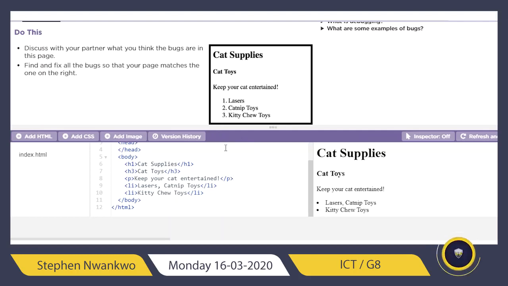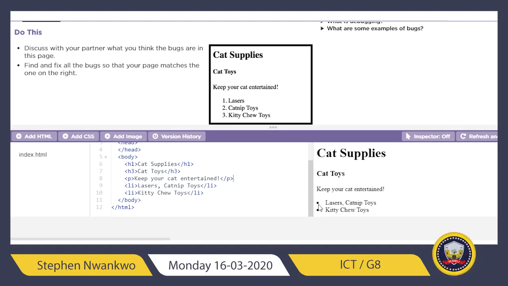Now in your previous lessons, we have the ordered list and the unordered list. Ordered list means arrangement using numbers, while unordered list means arrangement using bullets. So this is unordered list, while this is ordered list. OL. This is UL.